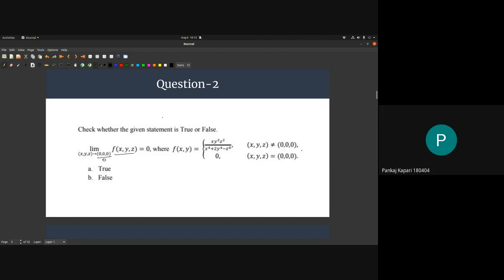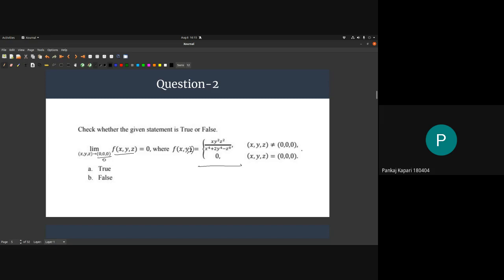It's a function of three variables, and this is the definition of the function. There is a typo, and you have to tell if this statement is false or true. So you have to find if this limit is actually 0 or not.